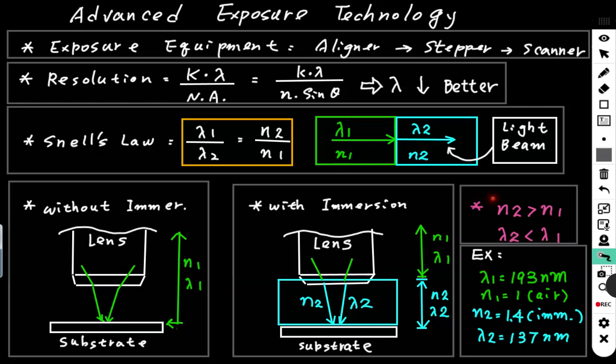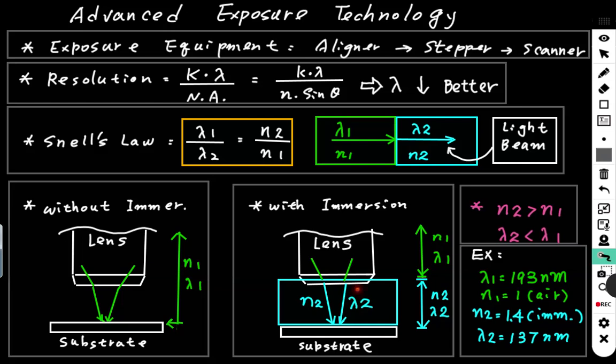So you know that if we use a bigger N2 than N1, we get a smaller lambda 2 than lambda 1. For example, in air, lambda 1 is 193 nanometers, and N1 in air equals 1.